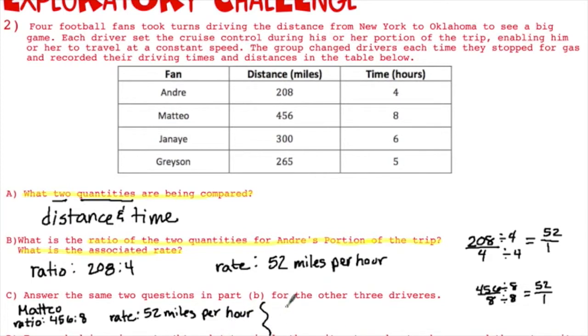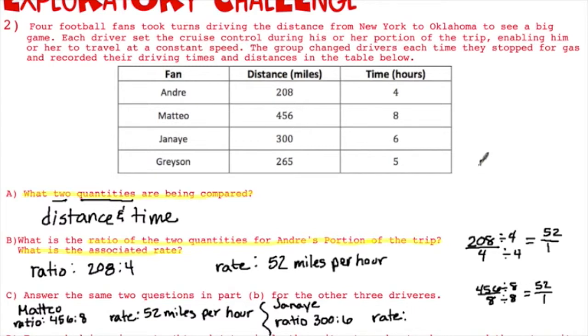All right, and then we have Janae, whose ratio was 300 miles to 6 hours. Now her rate: I'll do it again.